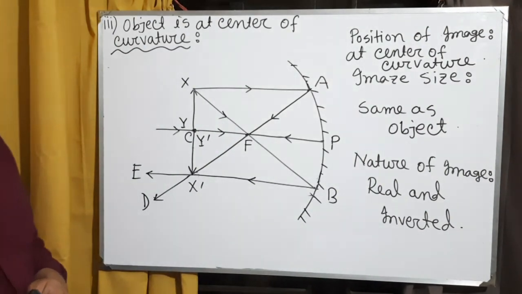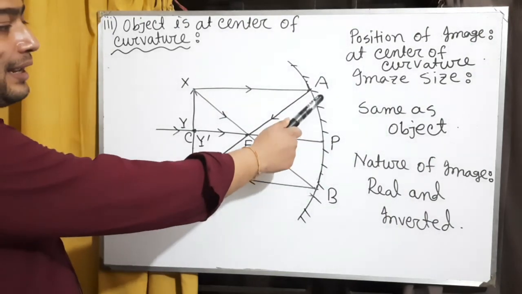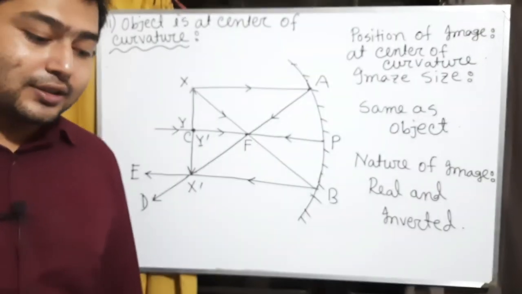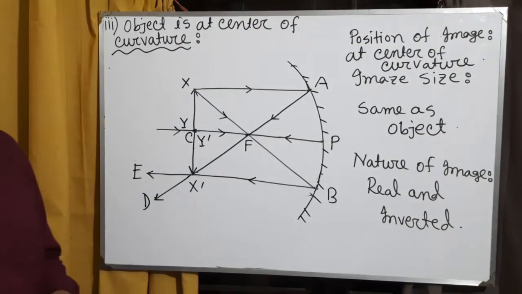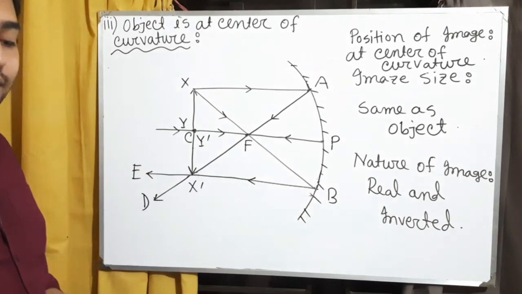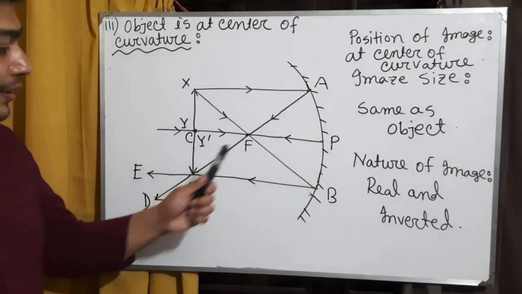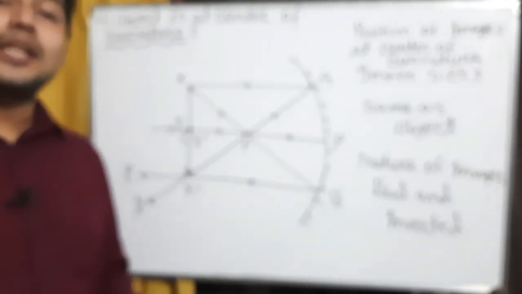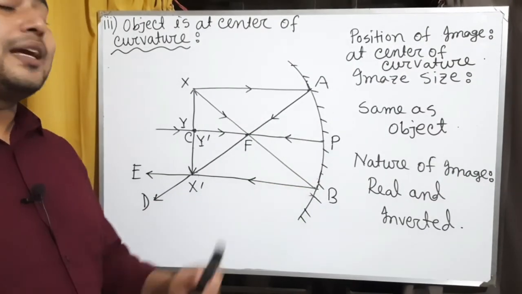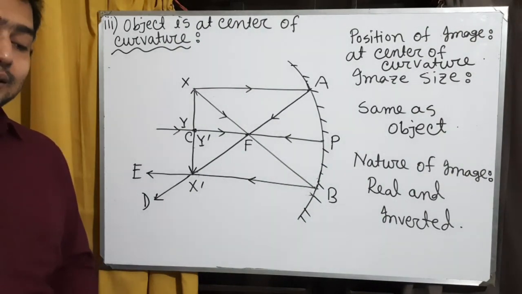Now let us assume APB is a concave mirror and XY is our object placed at the center of curvature. F is the focal point, C is the center of curvature, and CFP is our principal axis.